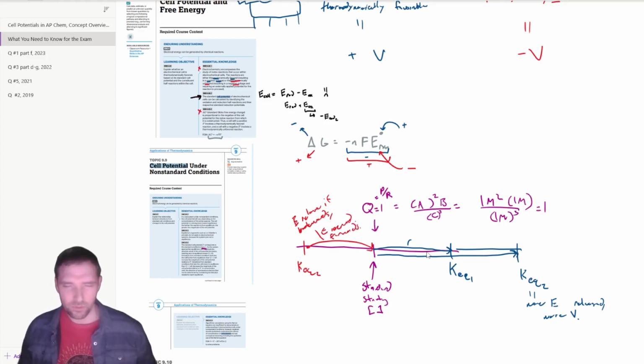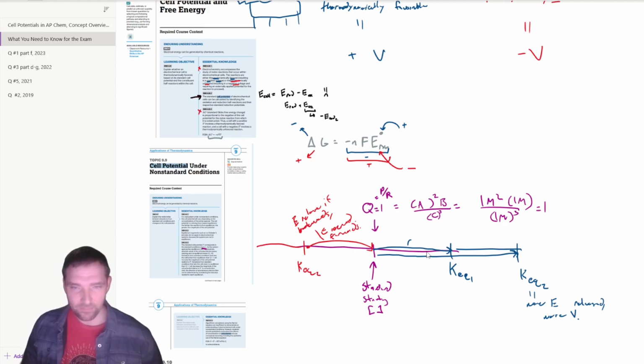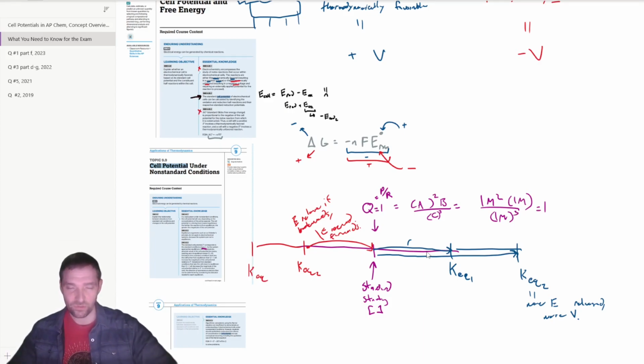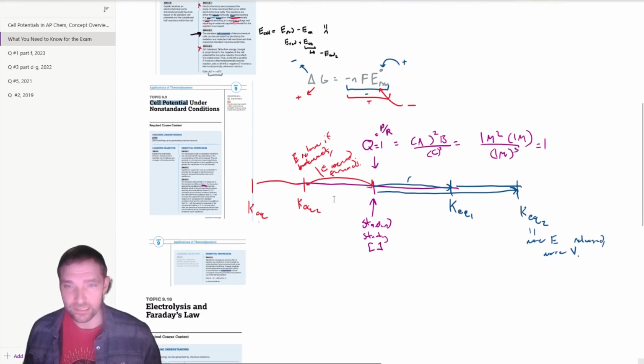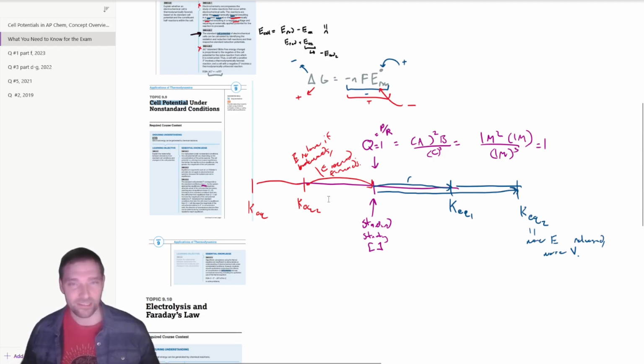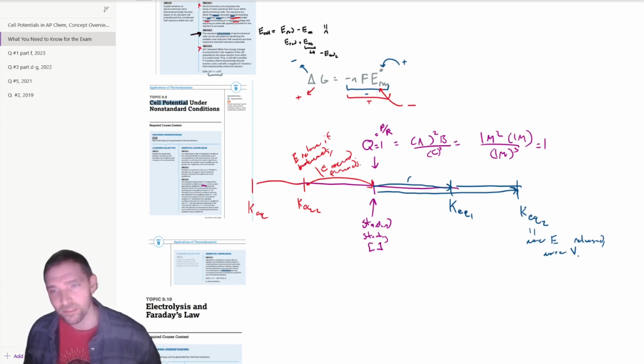And we'll talk a little bit more about that in just a minute, but if you've got something that has an even smaller K equilibrium, then it's going to require even more energy to get to this Q value of 1. So you can see that there's this relationship between this K equilibrium and these standard conditions. And in addition to all of that, you can start not at standard conditions. So what if you're starting right here?